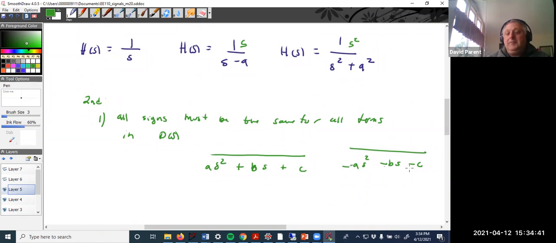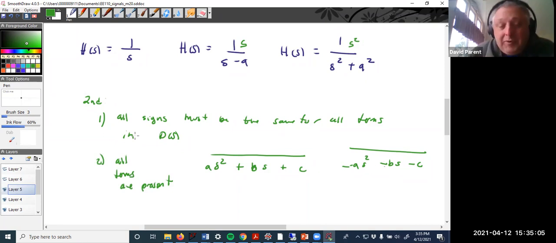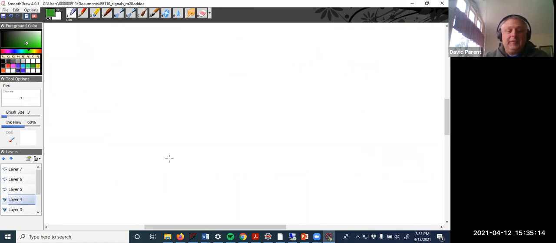All of these are the same sign, it's in control, right? And all the terms are present. S squared is there, S is there, and S to the zero is there, right? So these are the things when looking at a second order system that you can rapidly determine what's missing or what you need, right?